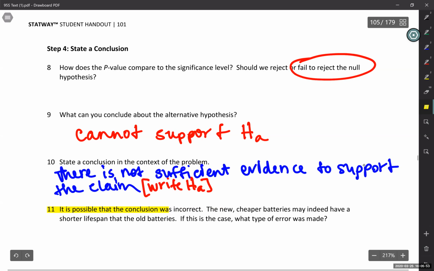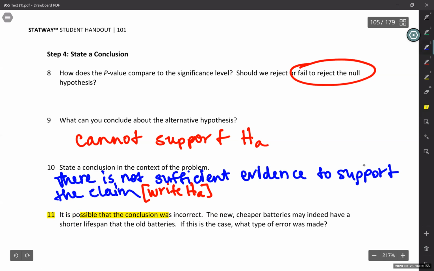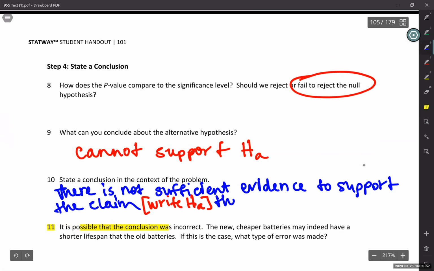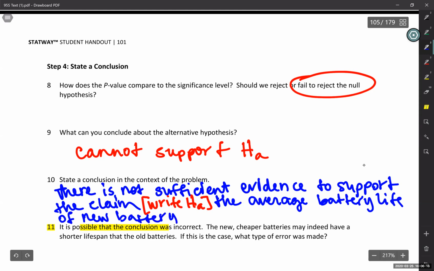All right, we'll just ignore that highlighting. I claim that the average battery life of the new battery, you can say shorter or less than.